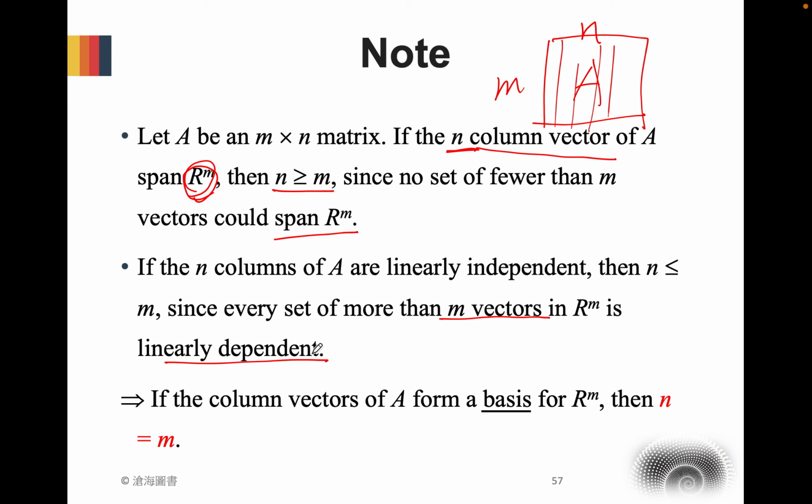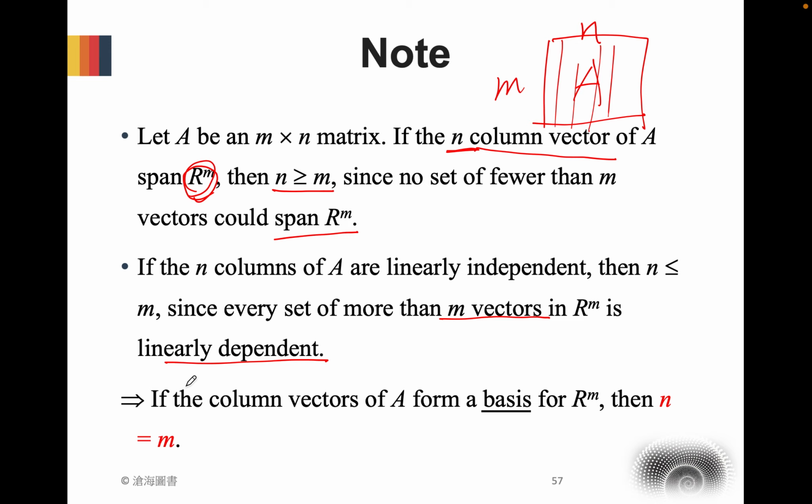Just as we say that four three-dimensional vectors must be linearly dependent, right? There must be at least one vector that can be represented as a linear combination of others.